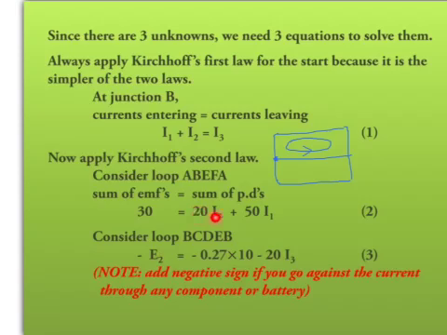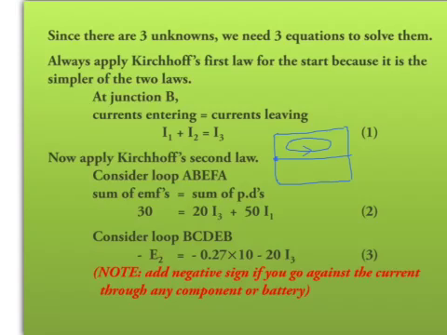Resistance times current gives you potential difference. Then you come to this other resistor at the top, and its resistance is 50 ohms. 50 times I1, the current here being I1. So there you are, here's another equation. So 2 equations, and we need a third one.